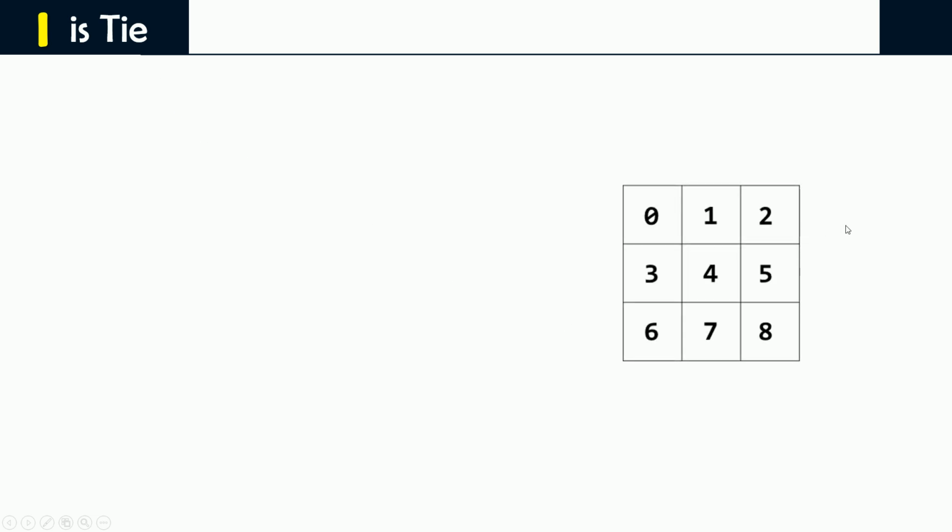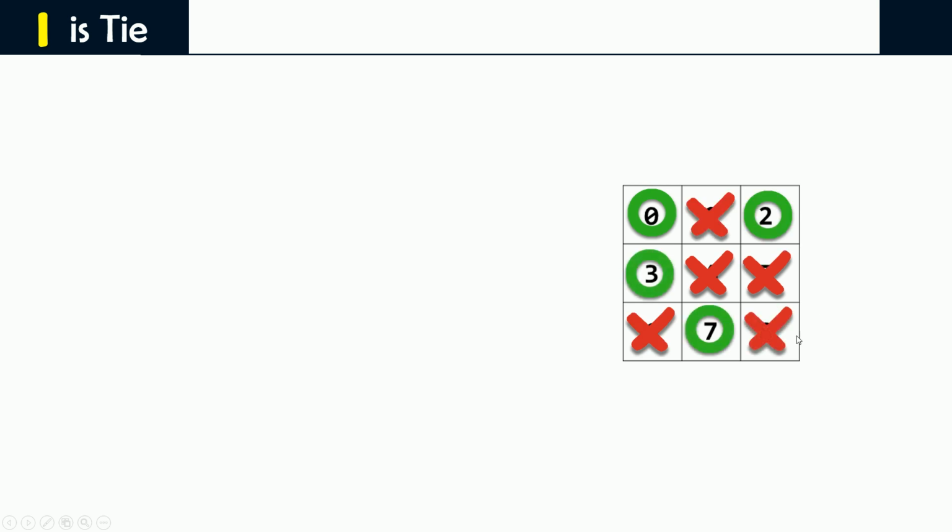Now if isWinner function didn't come with a winner, so it returned false, then now it's the turn of isTie function. So let's say an example of a game. So in this game there is no winner and the board is filled. It means it's a tie.